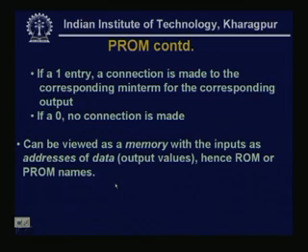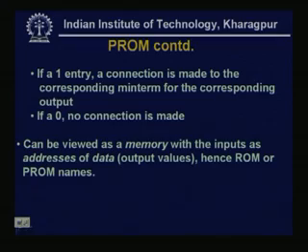Now, if an entry is 1, a connection is made to the corresponding minterm for the corresponding output. If it is 0, no connection is made. This is the conventional notation.